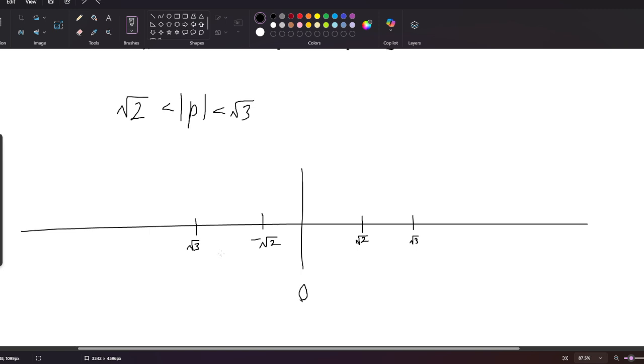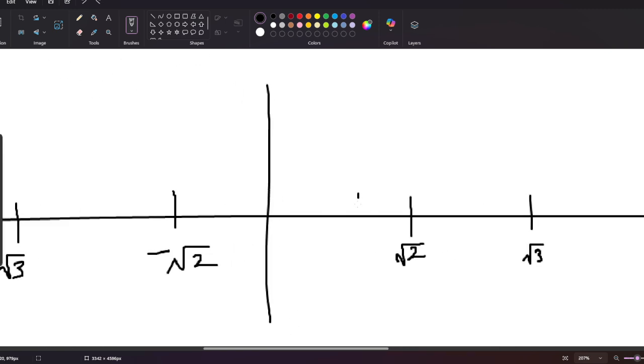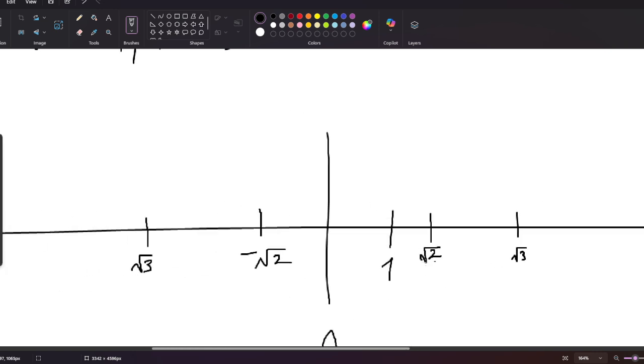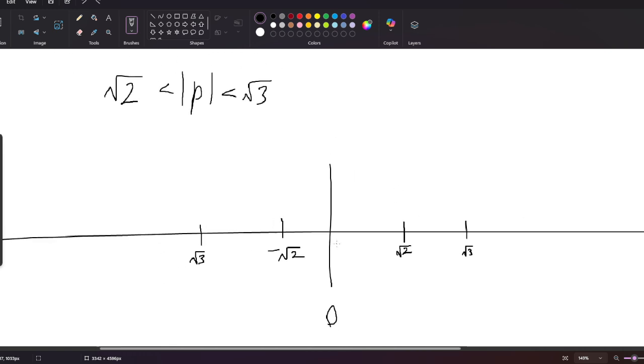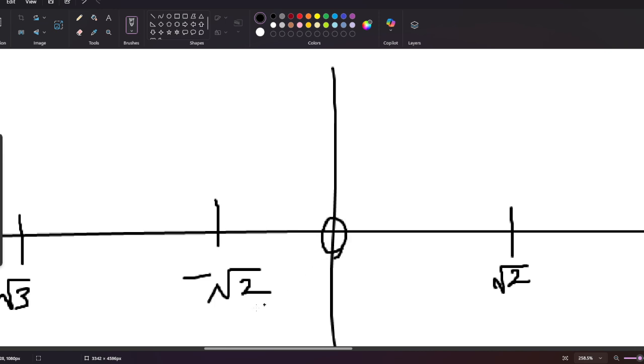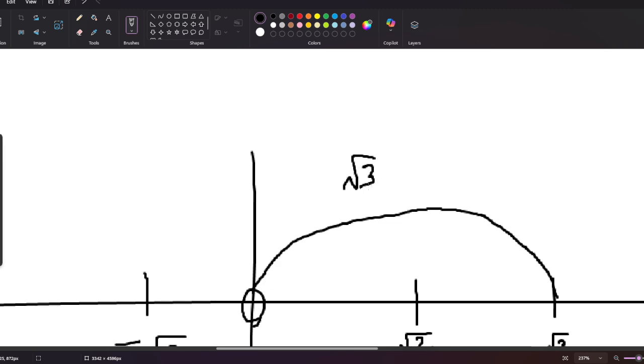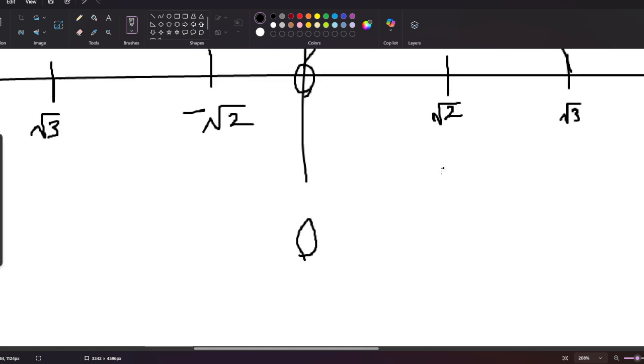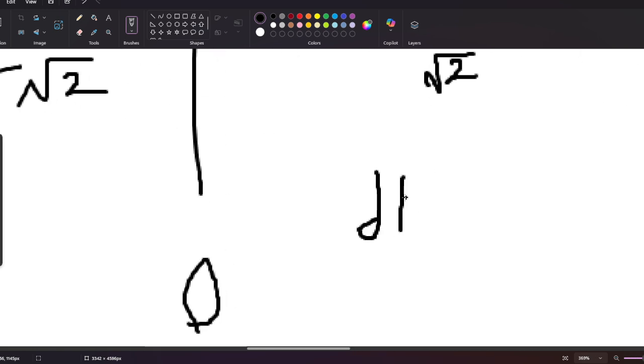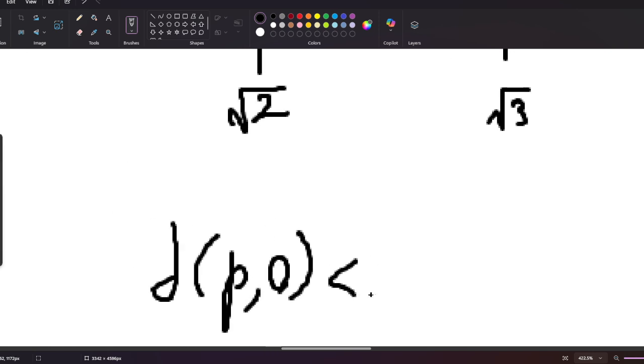The simplest way to show that is, let's take the point 1 for example, actually, you know what? Let's take the point 0. It's even handier here. The furthest point that we can pick like this is square root of 3, and it's not even part of E. So essentially, D of P and 0 is always less than, let's take some nicer number, let's take 2 itself, for example.